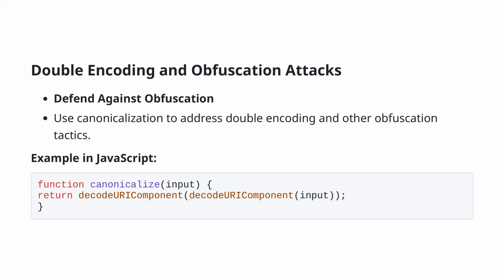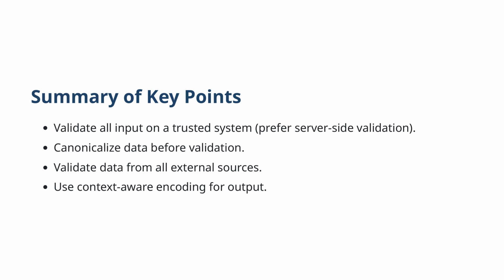In summary, here are the key points to remember. First, always ensure that all input is validated on a trusted system. Server-side validation is generally preferred to maintain the integrity and security of your application. Second, before you perform validation, canonicalize the data. This ensures that any double encoding or obfuscation tactics are addressed, providing a clear and normalized input for validation checks.